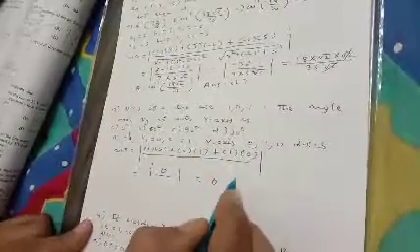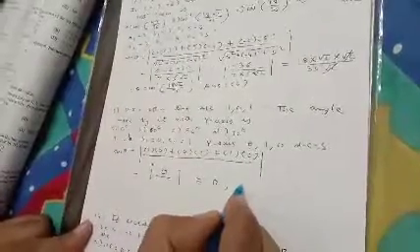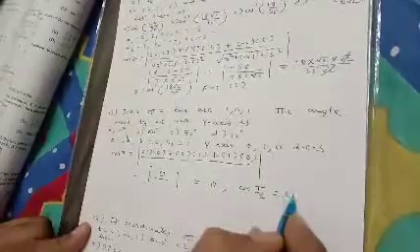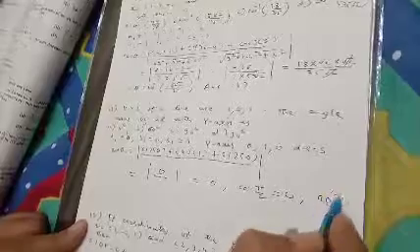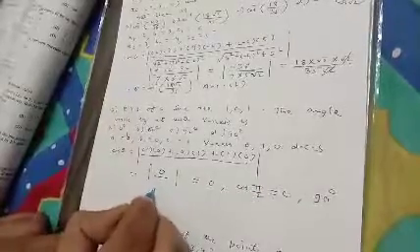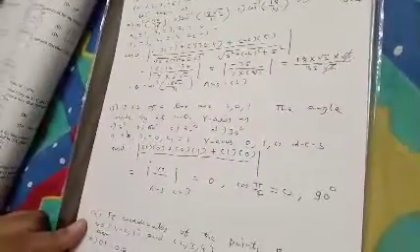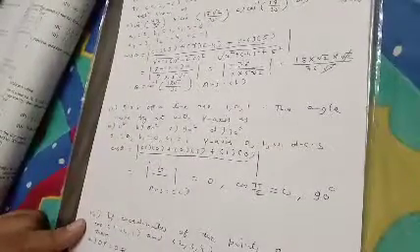Mod 0 is 0. Cos theta is 0. And we know cos pi by 2 is 0, or cos 90 is 0. It means that the angle is pi by 2 radians or 90 degrees. Or A1 A2 plus B1 B2 plus C1 C2 equal to 0. Therefore, the lines are perpendicular, the angle between them is 90 degrees.